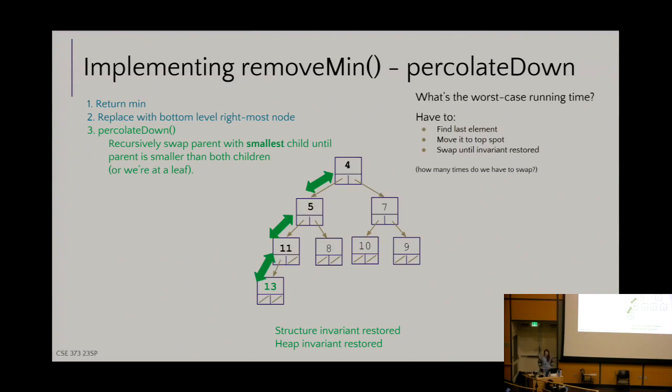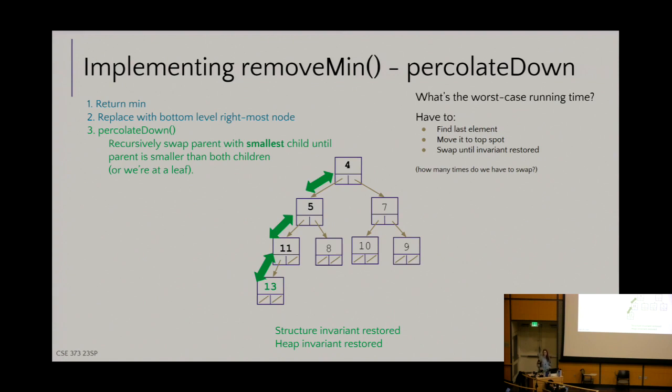When we think about the worst case runtime, we know we've got to, 1, find the last element in the list, 2, move it to the very top spot, and 3, swap until we get down. So in the tree version, finding where the last possible node is could be a linear runtime, unfortunately. But like I said, on Wednesday I'm going to show you something tricky, and that will be a constant operation in the actual way we're going to implement the heap. Moving it to the top spot is constant, just swap those data fields.